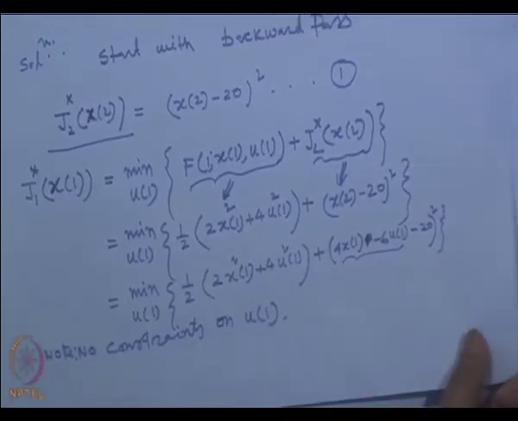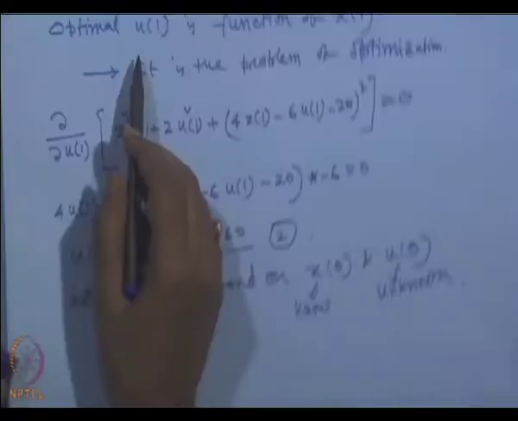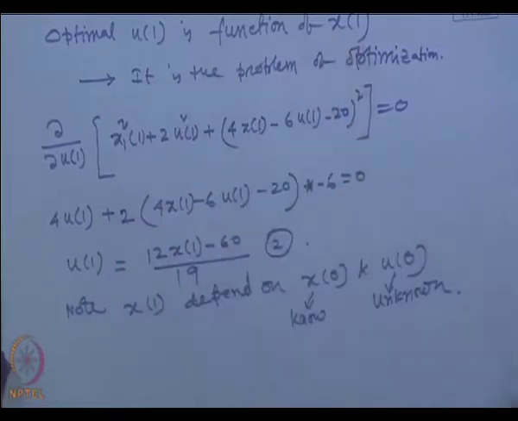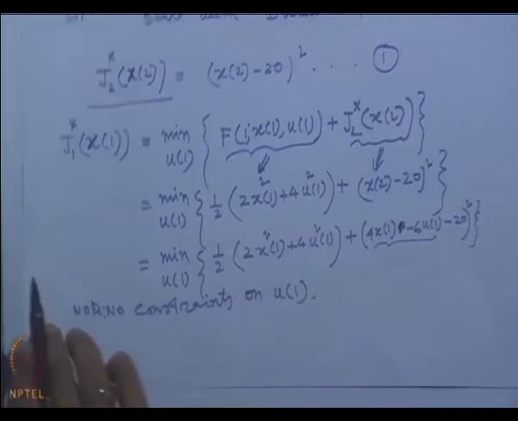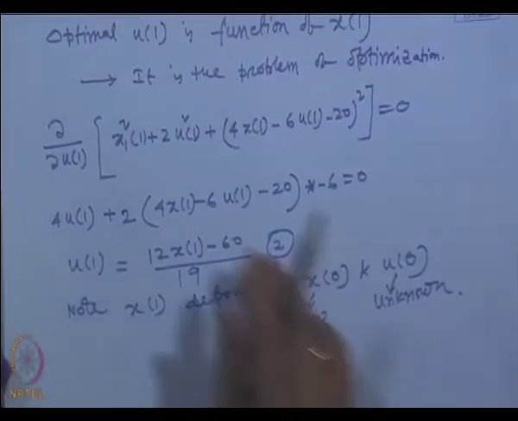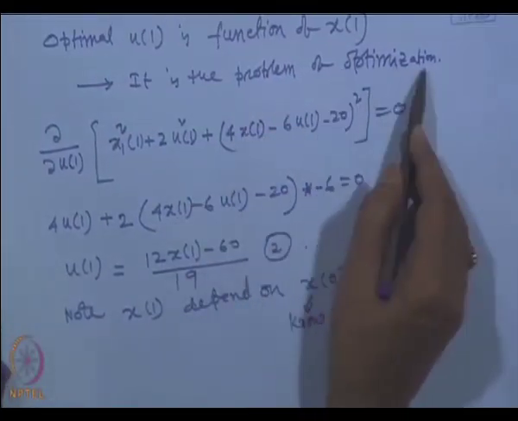So our optimal u is a function of x 1 only, from the previous slide.